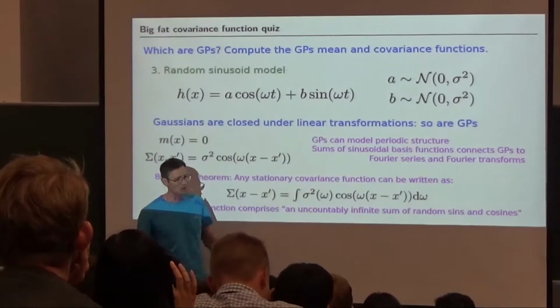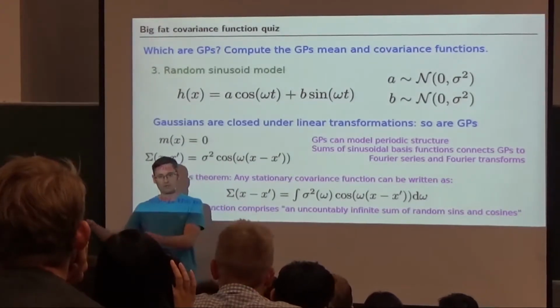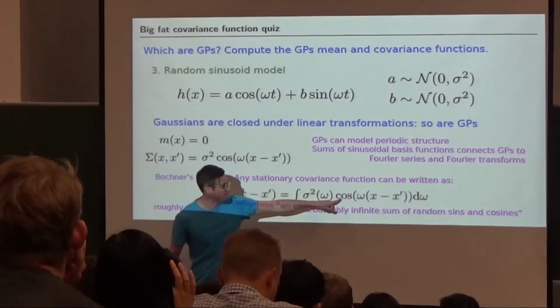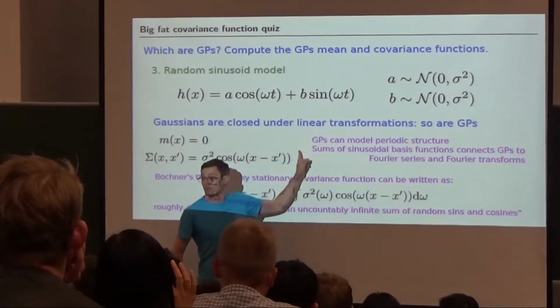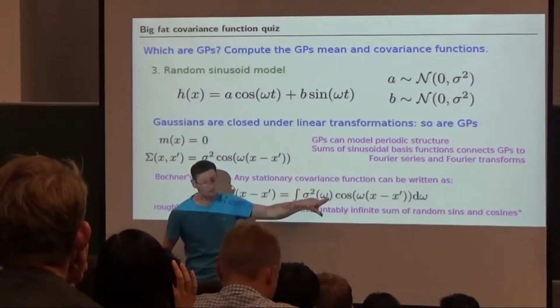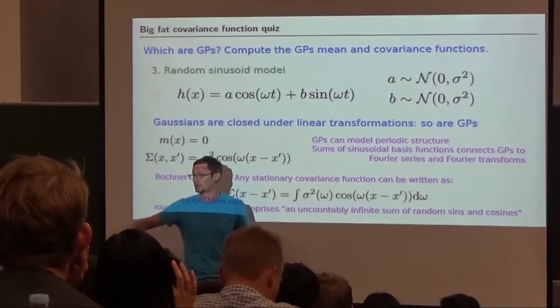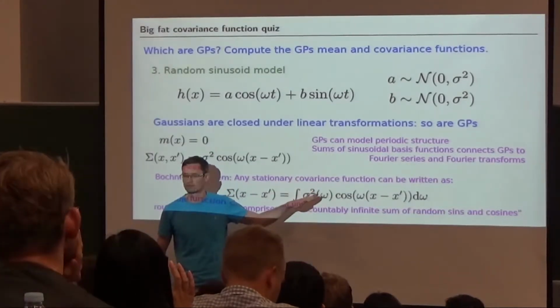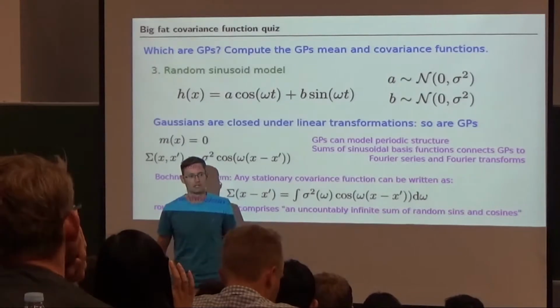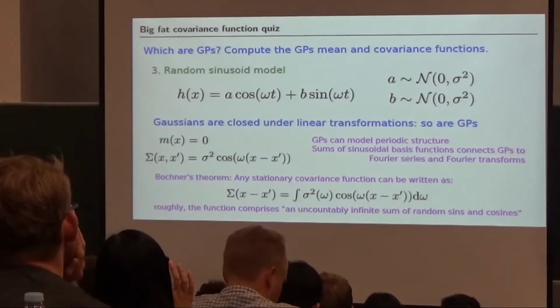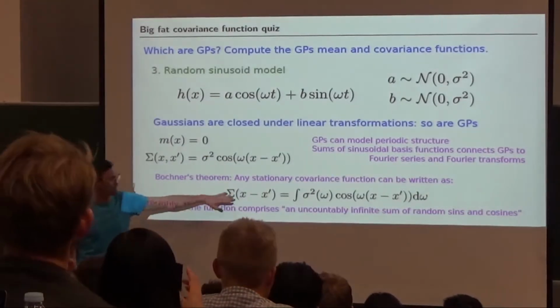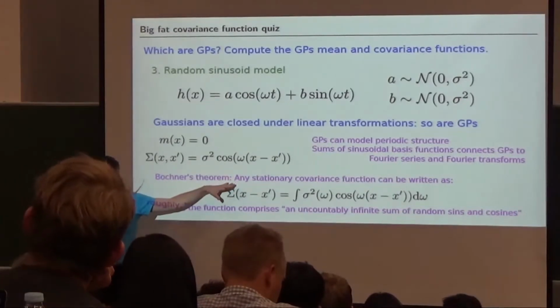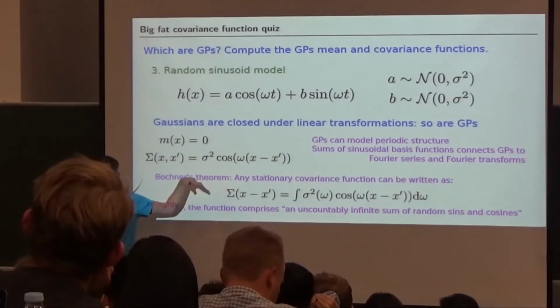So in other words, you can build any stationary covariance function up by summing these cosine basis functions weighted by some variance which depends on omega. This is exactly Fourier transforms. People know about Fourier transforms if you'd like an IEEE background or mathematics background. Many Gaussian process approximation schemes are based on this decomposition, so it's a nice way of connecting.